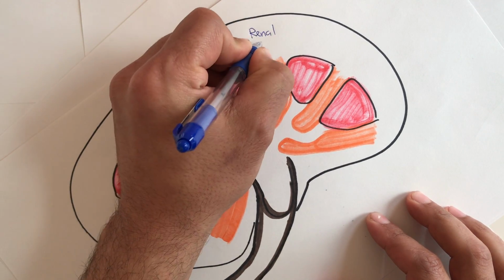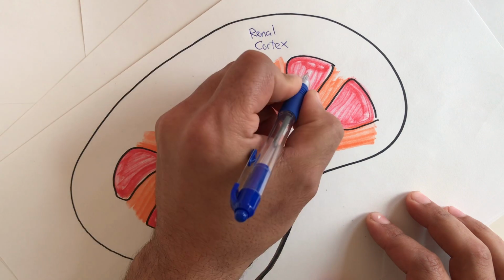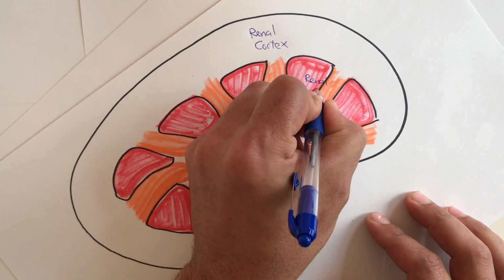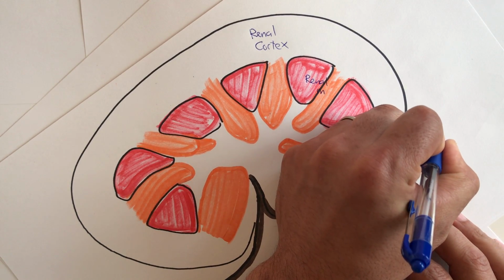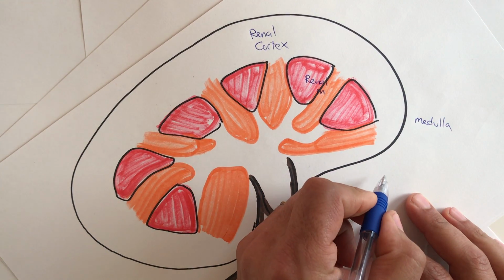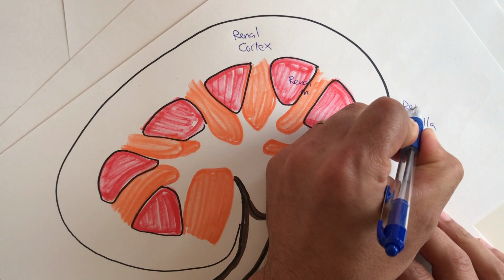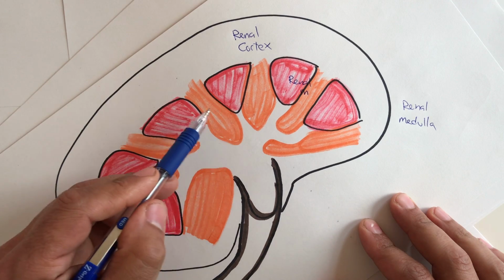So we have the renal cortex, and in here we have the renal medulla.